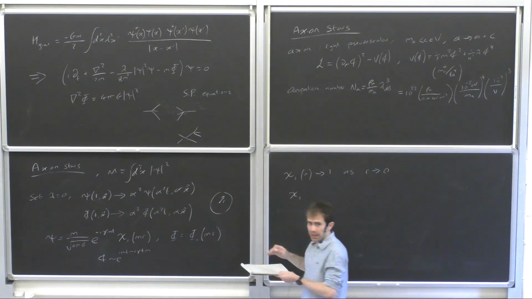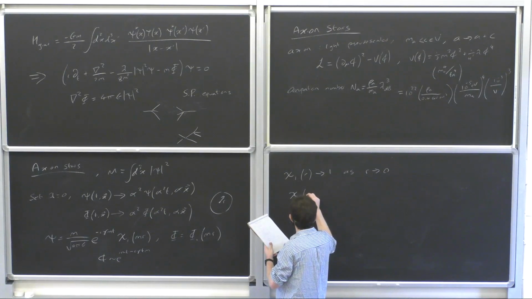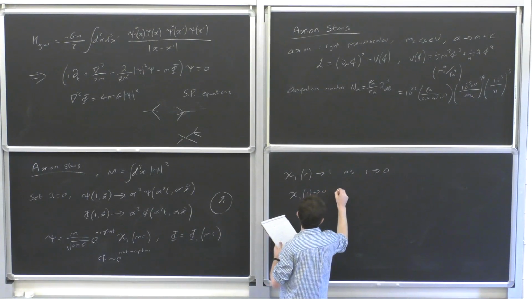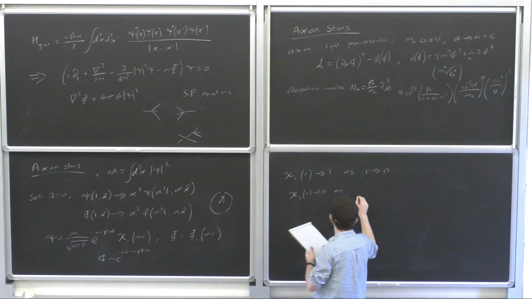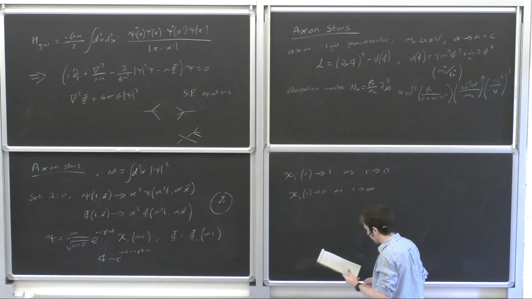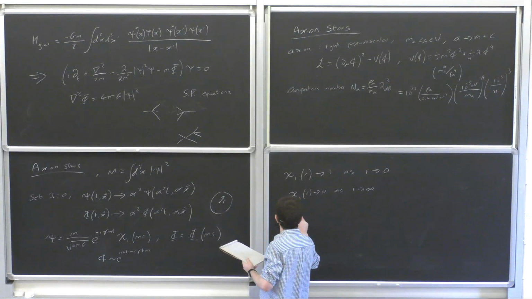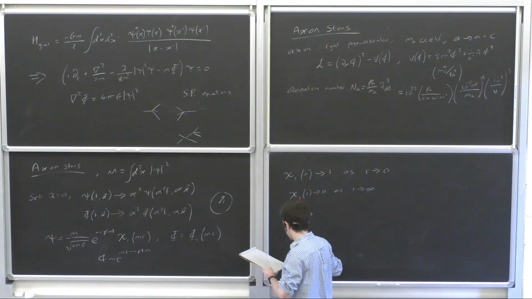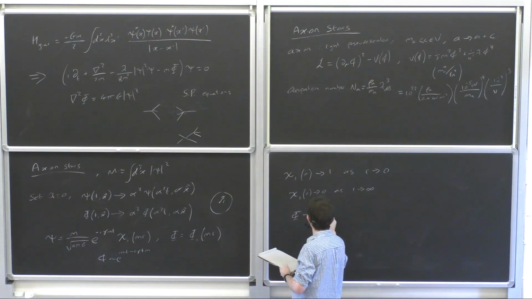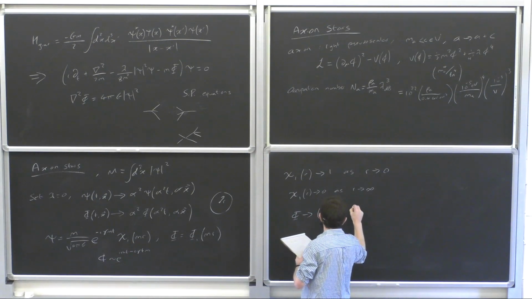And we want our axion star to have finite extent, so we want chi1 of r goes to 0 as r tends to infinity. And analogously, we're going to impose that our gravitational potential goes to constant 0.